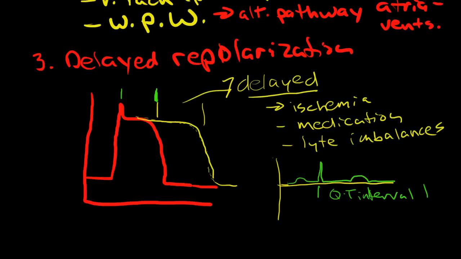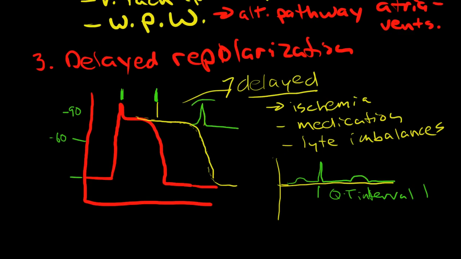However, with delayed repolarization, there is a period here where that refractory period is over, but the myocardial cells remain hypopolarized. Remember, we're up to here at a negative 90 millivolts, and so they are actually in a hyperexcitable state and easily depolarized again. So you end up with a repolarization.